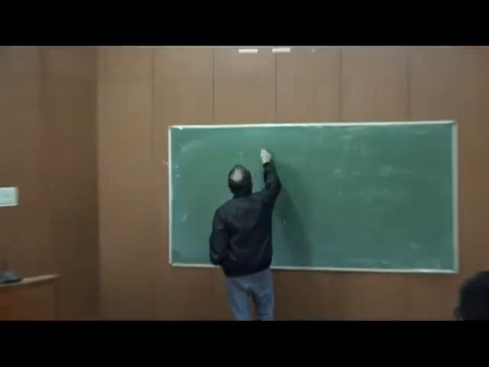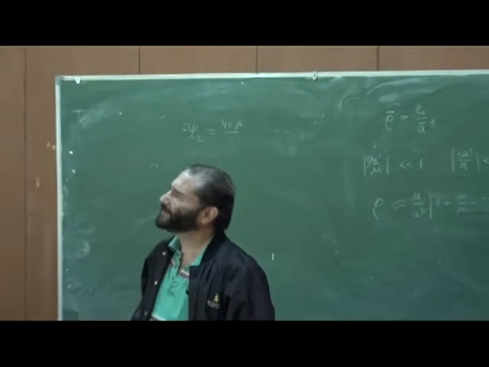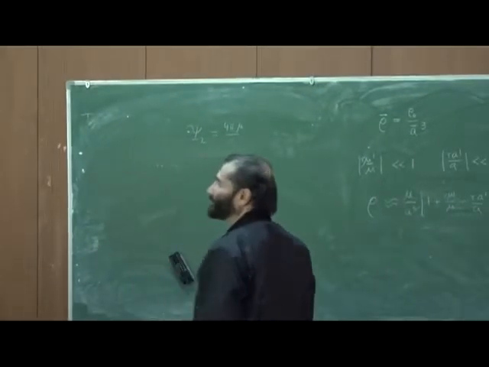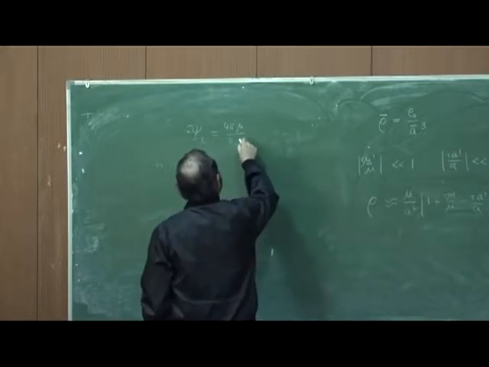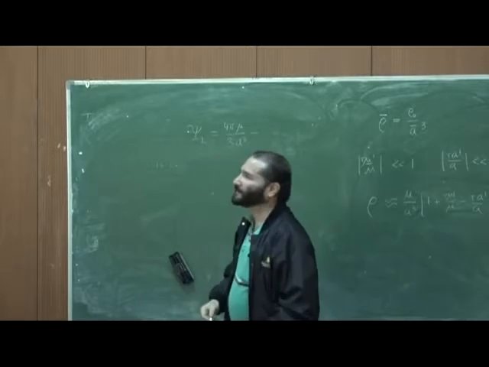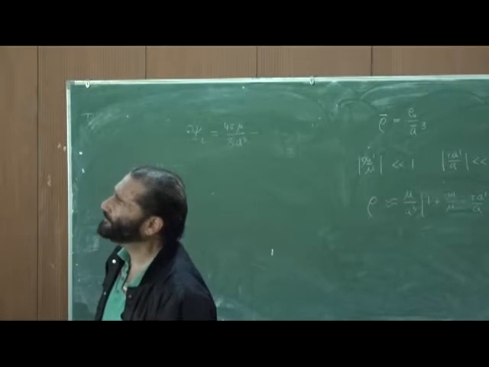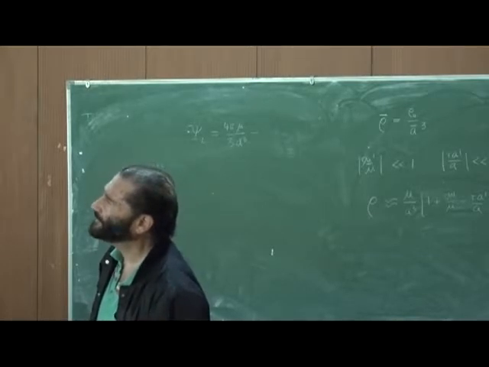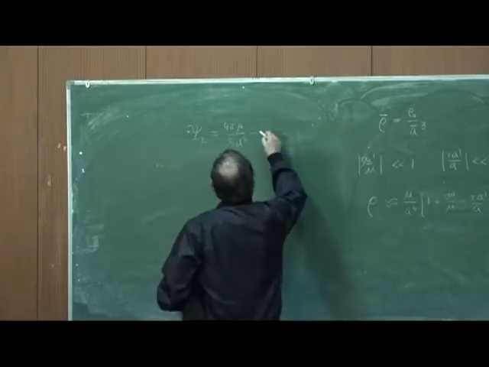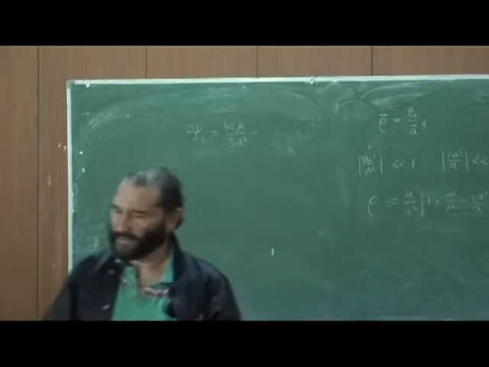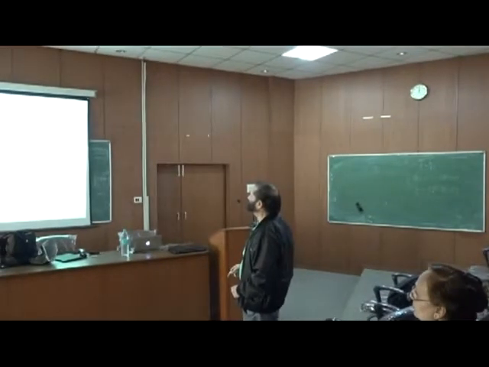equals 4 pi mu over 3, let me copy that, by 3 a cube, minus 1 plus r by 3. Minus the same thing. I don't know if I wrote it correctly; maybe I made an error here. Because it's psi 2 by this thing, minus.